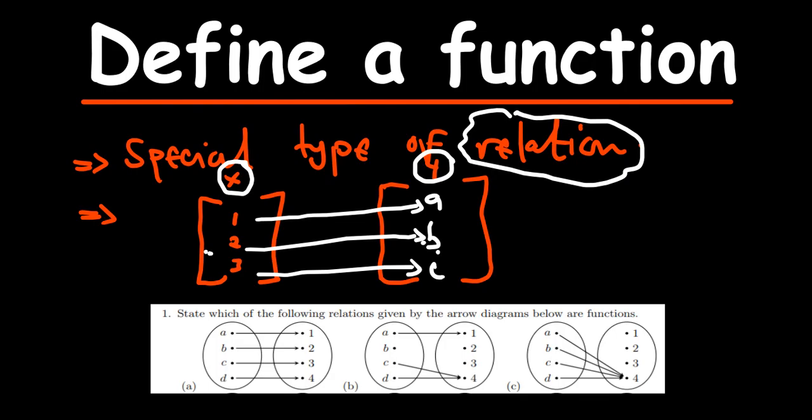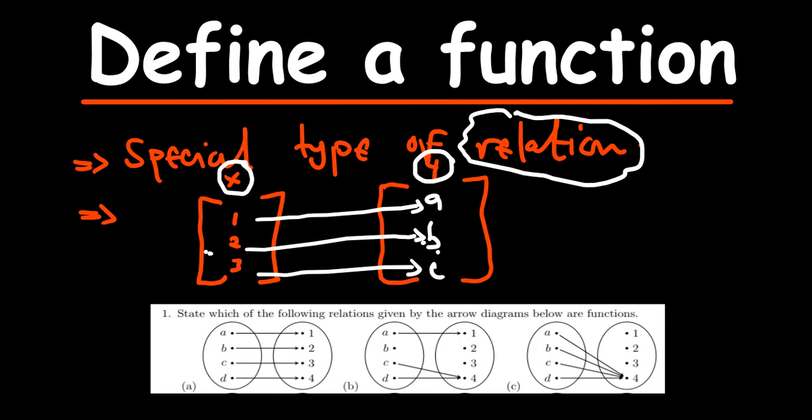So that's what a relation is, and we have different types of relations. We have one-to-one relations like this one here, the one I drew. And then we have one-to-many.